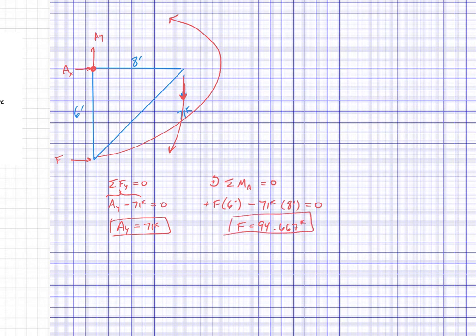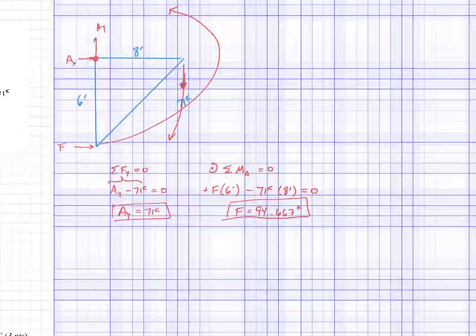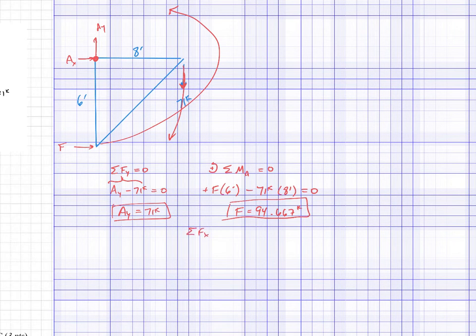So that's F. And then the last thing I need to do is get AX, right? So we'll do the sum of the forces in the X equals 0. And so we'll say AX plus F equals 0. So AX equals negative 94.667 kips.